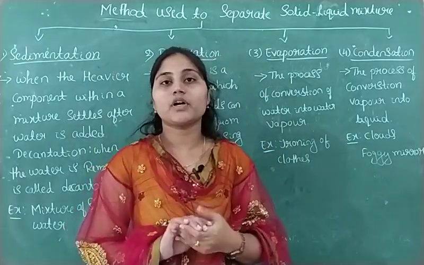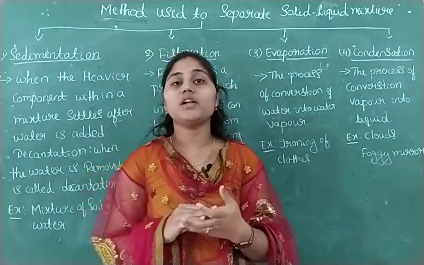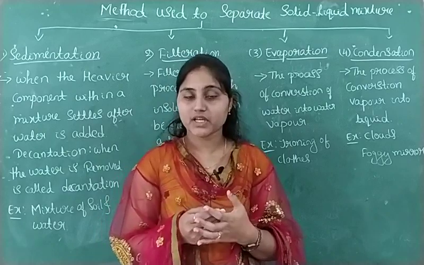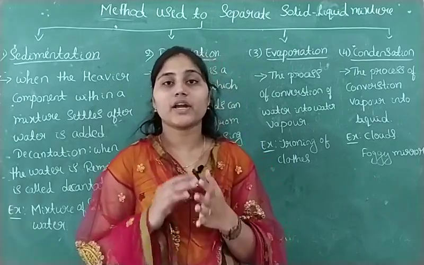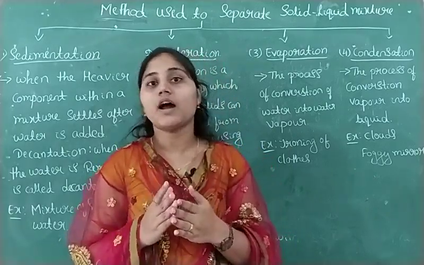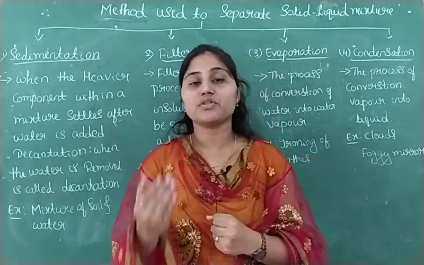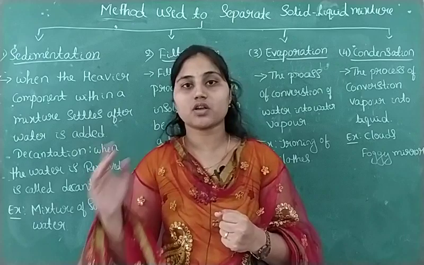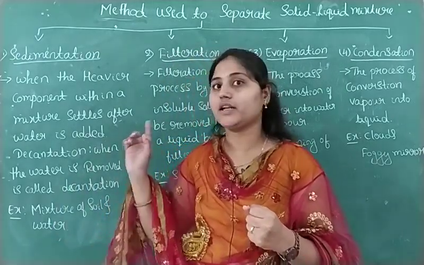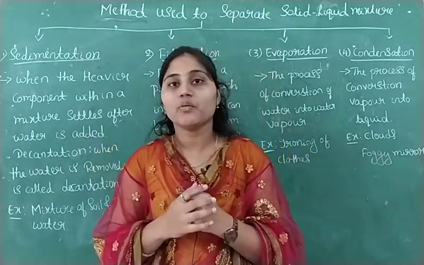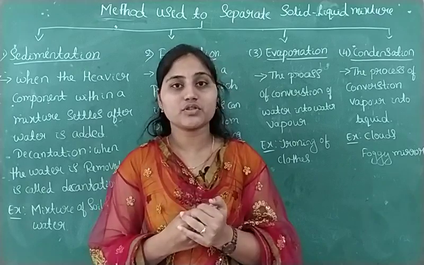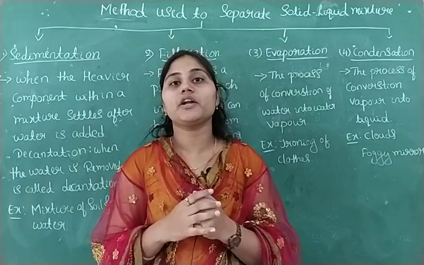So in this chapter, what did we learn? We learned about pure substances, mixtures, the definition of a mixture, why we need to separate mixtures, and the methods used to separate solid mixtures and solid-liquid or liquid mixtures. What are the methods used to separate the solid mixture?